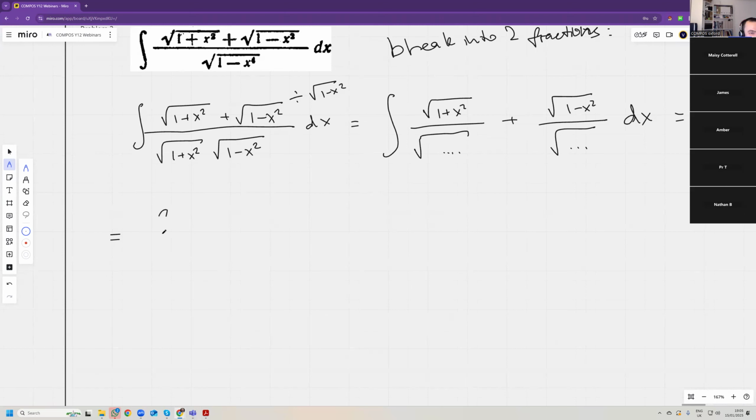So that would be the integral of 1 over square root of 1 minus x squared plus the integral of 1 over square root of 1 plus x squared dx. And both these integrals are table integrals. I don't remember them, but let's look them up.